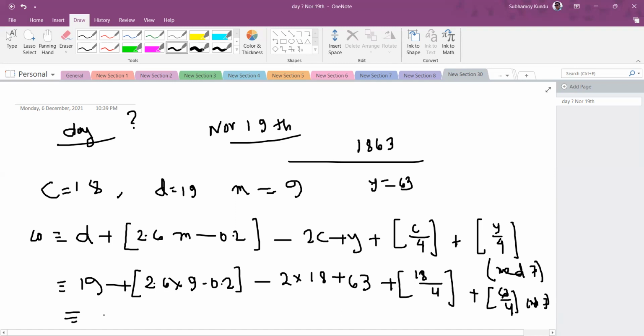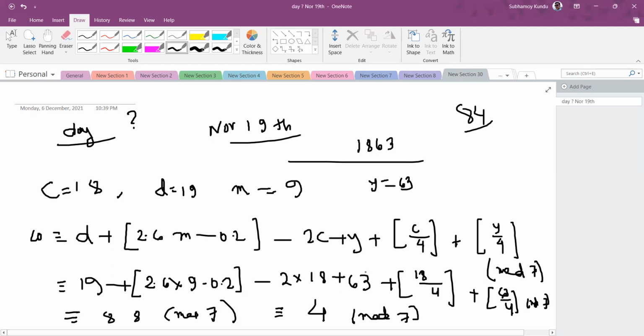By calculating, it will be 88, and we know 84 is divisible by 7, so that means it is also 4 mod 7. So this day is congruent to 4. That means it was Thursday. So the day was Thursday.